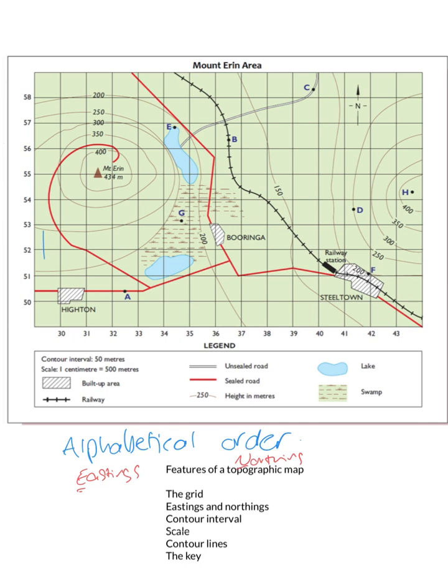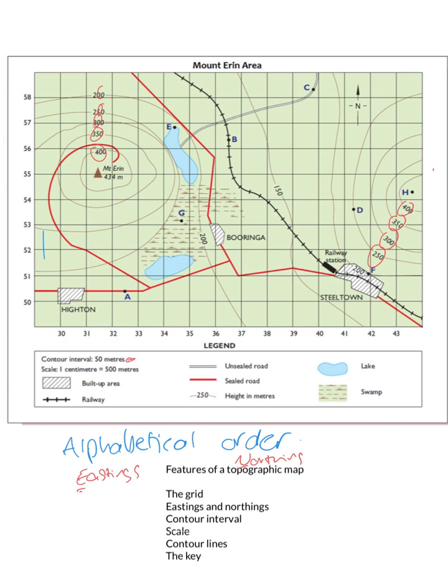As you can see, 400, 350. Sometimes a question will ask you for the contour interval, but it hasn't made it really obvious, so you have to do the maths. What are the numbers going up and down by on this map?